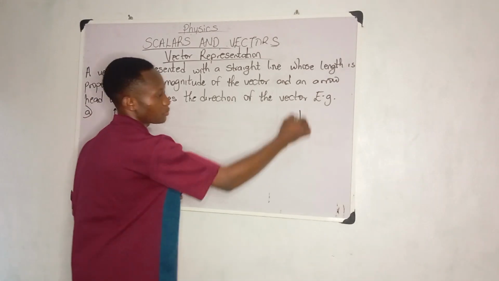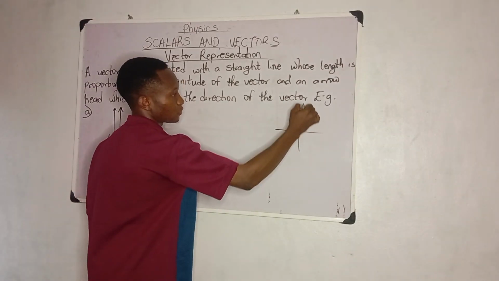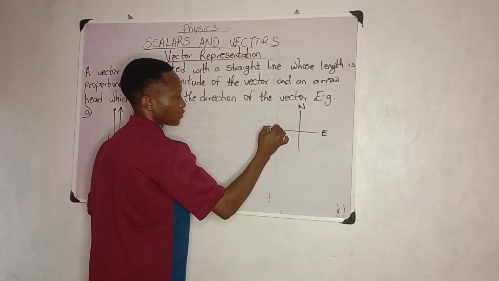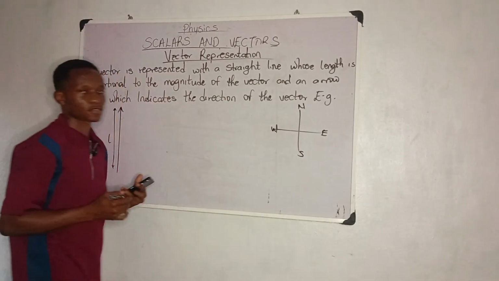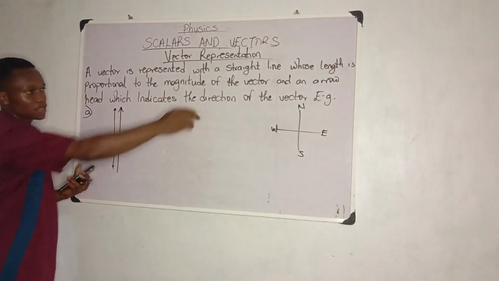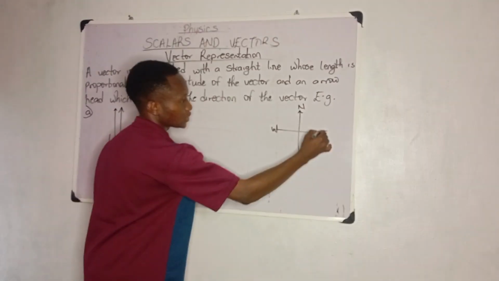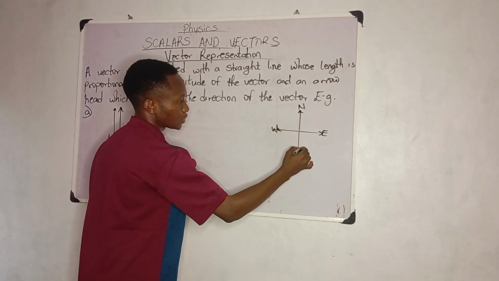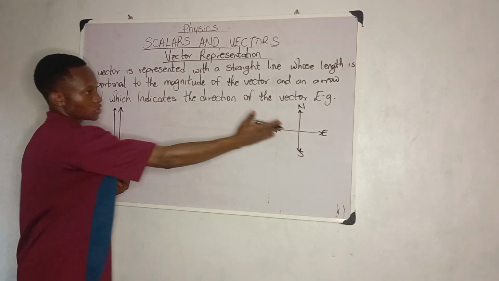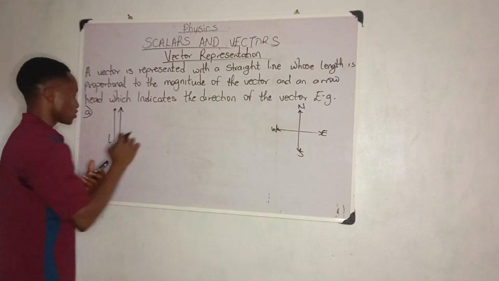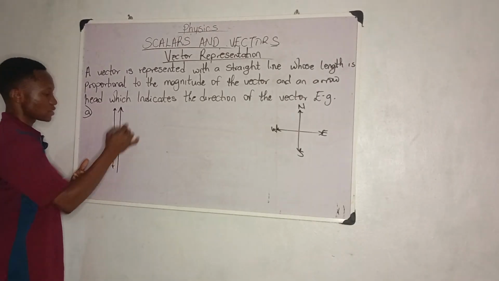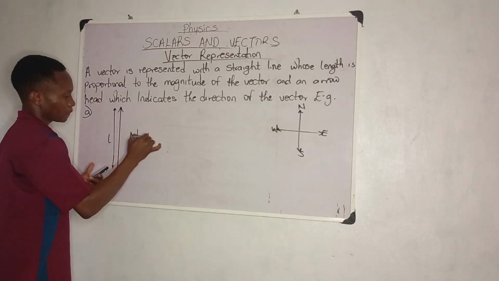I hope you remember your cardinal points, where we have north, east, west, and south. All of these are the cardinal points. So whichever one it goes to, we have this, this, this, and this. If you watch, this is pointing to the north. So I'll just come here and write north direction.